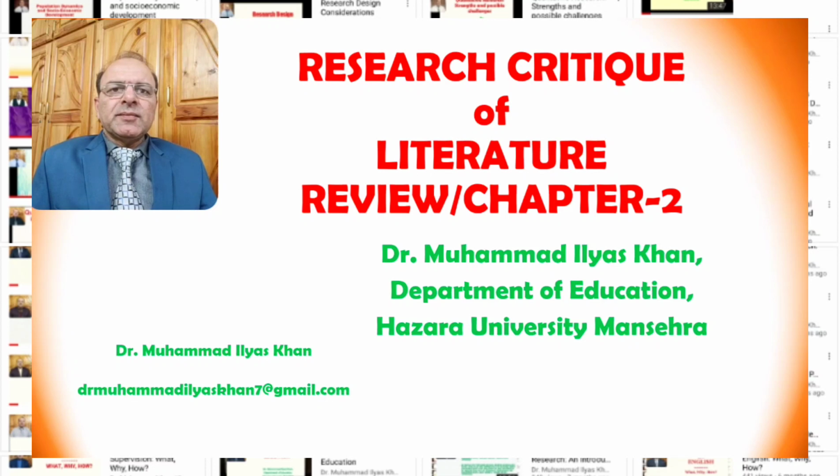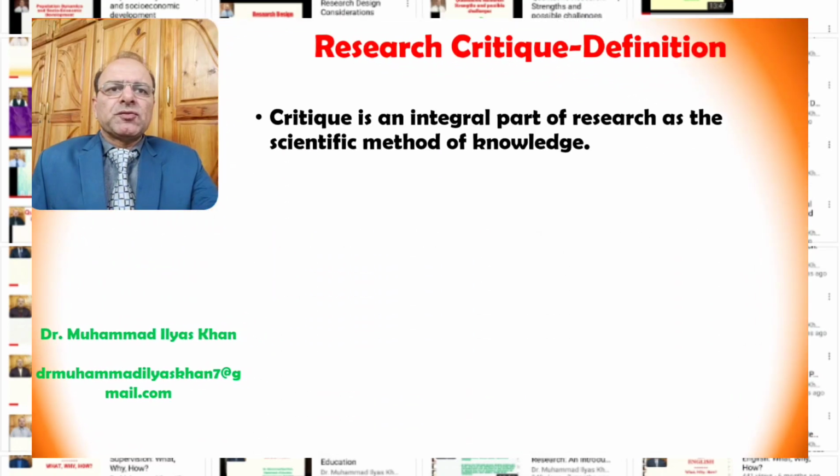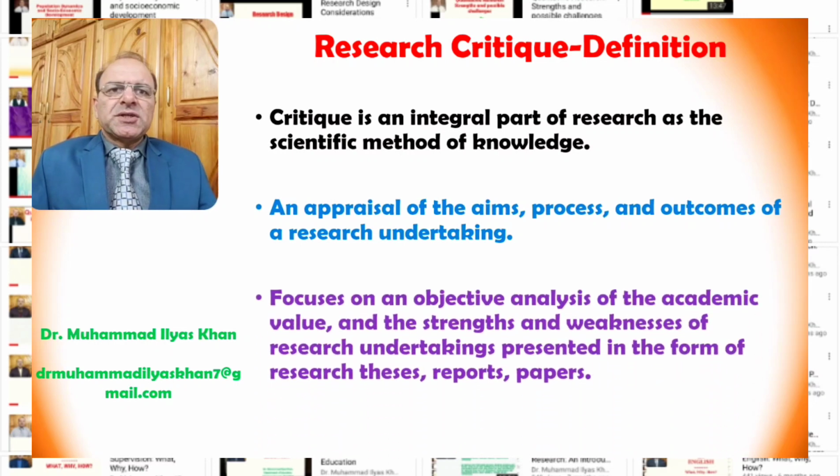So, like other parts of the research report, the Chapter 2 or literature review has to go through the process of research critique. Now, we have already discussed the general definition of research critique, but here is a summary of what a research critique actually means. A research critique, as I said in the beginning, is an integral part of the scientific method of knowledge.